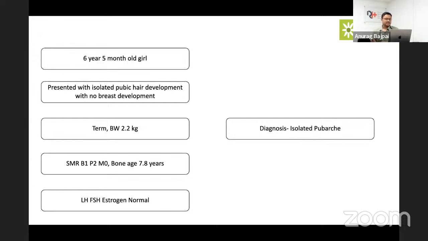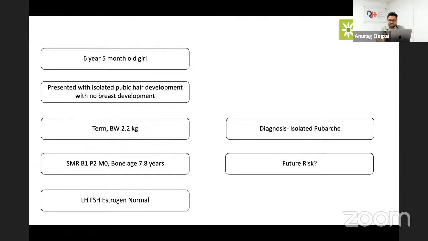Okay, so the most important thing, sir, the child was SGA by birth weight, so probably rapid catch-up would provide this. So this is the classical case of premature adrenarche, in which you have an SGA with rapid catch-up, which is causing this. So any future risk in this case? People can write what could be the possibility here.